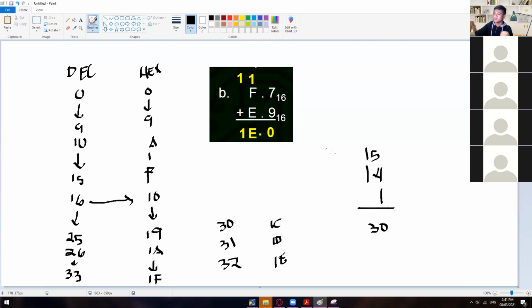All right. So that is why right here, 15 is F, and then 14 is letter E, and then 1 is this one. So just add all of those, you'll get 30. Wherein 30 is equal to, what is it, 1C?